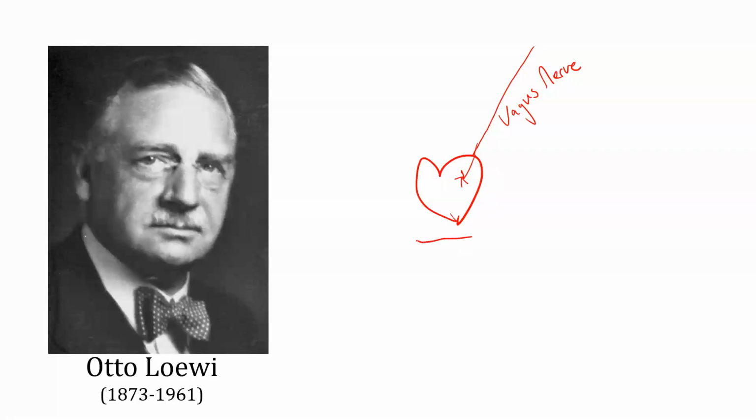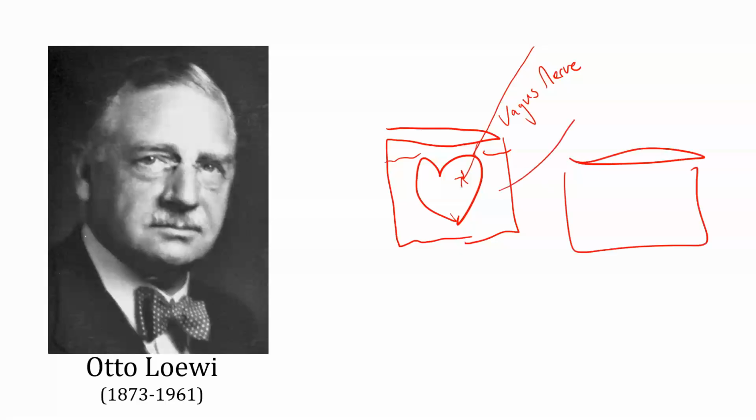What his experiment was is he took a heart and he put it in a bath, and he stimulated that heart with the vagus nerve, and then he removed the heart and took the fluid and gave it to another heart. So he took the fluid and put it to another heart that was not attached to the vagus nerve, and it exerted the same effects. So it showed that there was some chemical that the nerve was releasing.